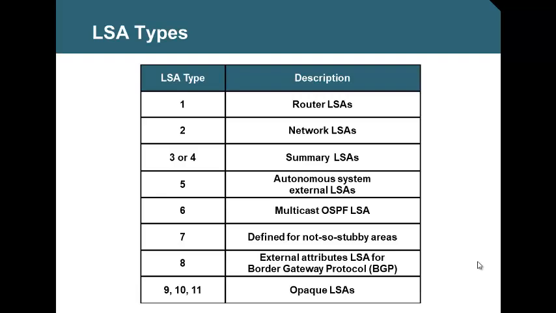These two LSAs carry the networks, the link status on each link on every router that is within this area. They advertise the network and link status information of those routers within this area. Without type 1 and type 2, the other routers in this area will not know about the networks of the other router.